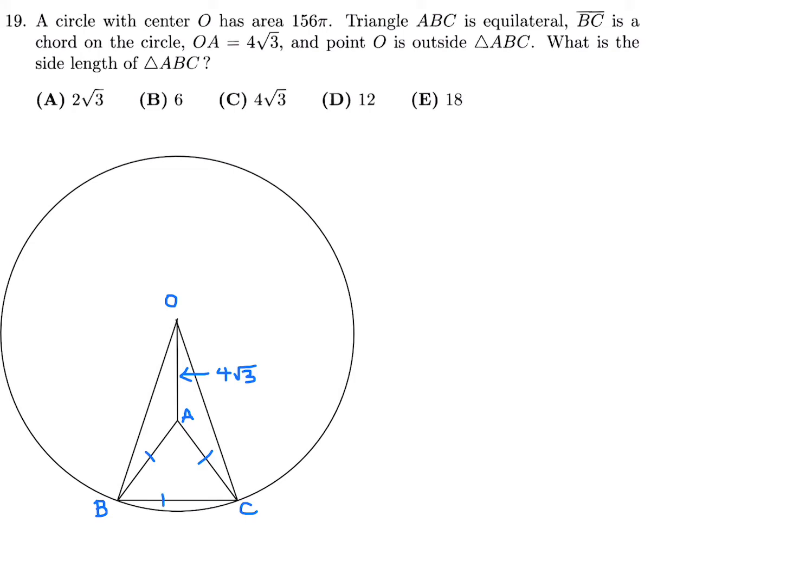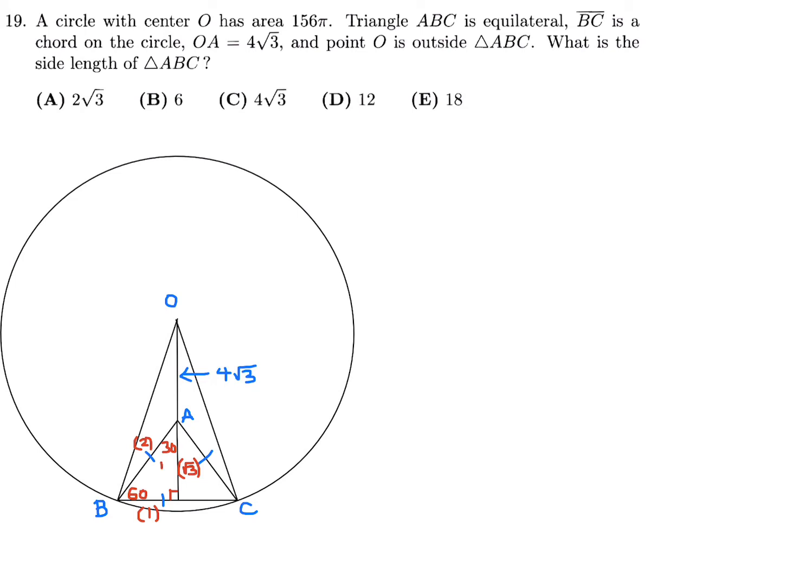And I'm going to extend that line actually all the way down to the bottom like that to cut that base in half. Now the good news is that immediately I can tell that this is going to help us. Since this is equilateral and this is a perpendicular, we again have a 30, 60, 90 triangle. So that's very helpful because the ratio of the sides, as always, are 1, 2, and √3.